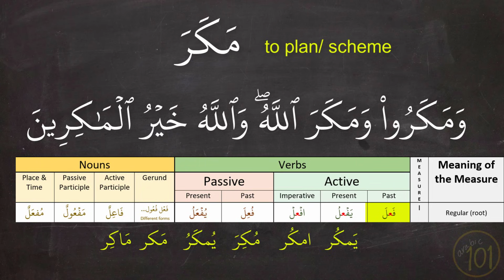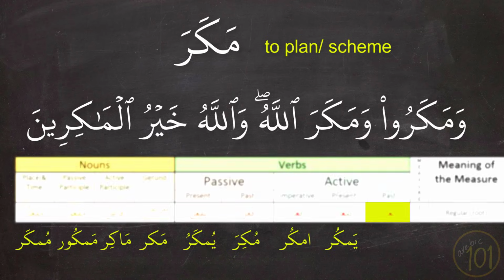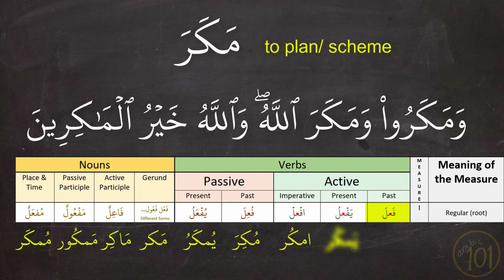The passive participle, or ismul maf'ul, would then be mamkur, and the place and time, so ismul zaman and ismul makan, would then be mumkar. So just by knowing the meaning of the root of the verb and knowing which measure it belongs to, we knew the meaning of all of these words that belong to the same root.